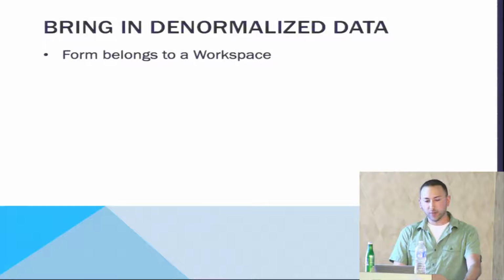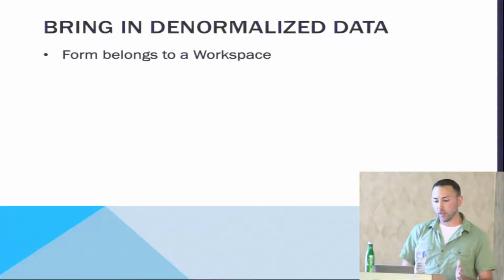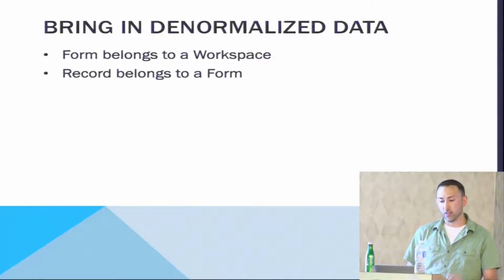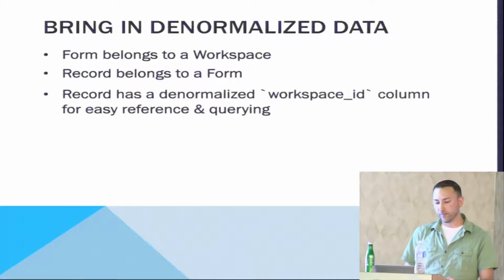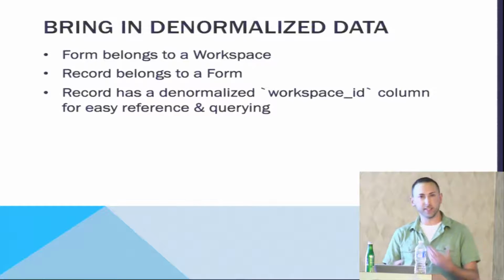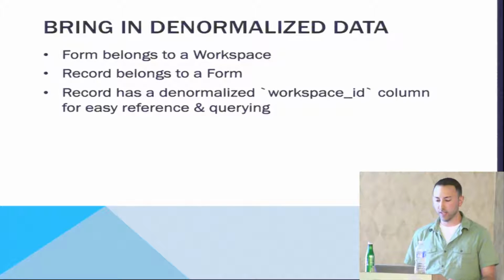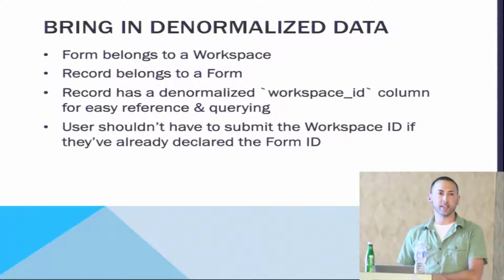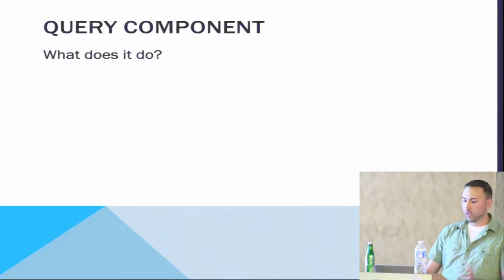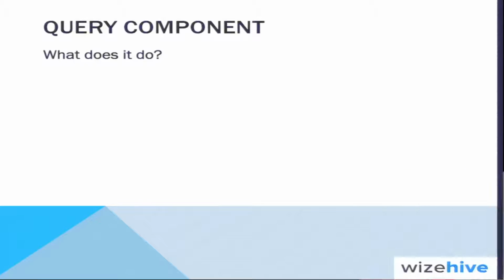It also brings in denormalized data. So a form belongs to a workspace in WizeHive. A record belongs to a form. But we want to store workspace ID information in the records. It just makes it easier for us to do things on the back end. Again, you don't want the user to have to send you that information. So the input data component automatically figures that out. So then there's the other side of things, the query component.